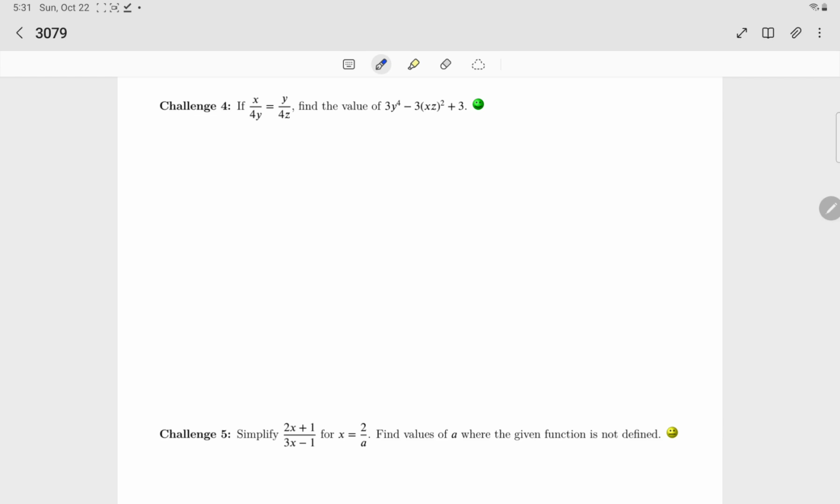In challenge 4, we're given the following proportion to find the value of this expression. Let's simplify the proportion first by multiplying both sides by the common denominator. This will give us xz equals y times y squared.